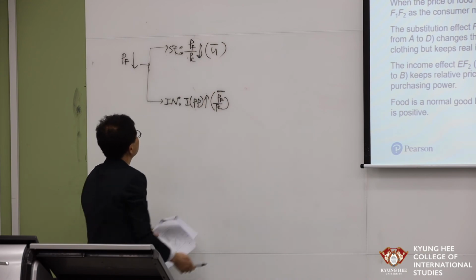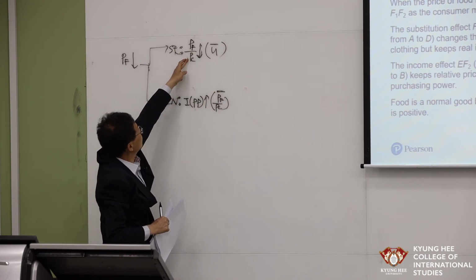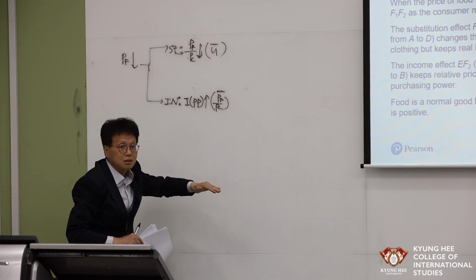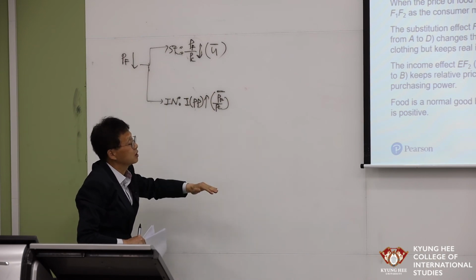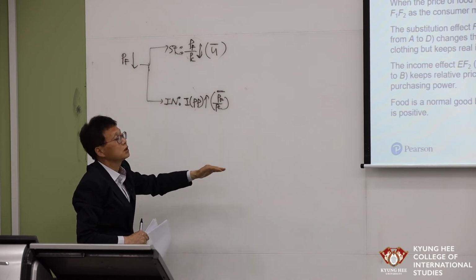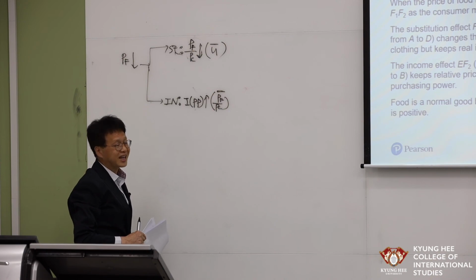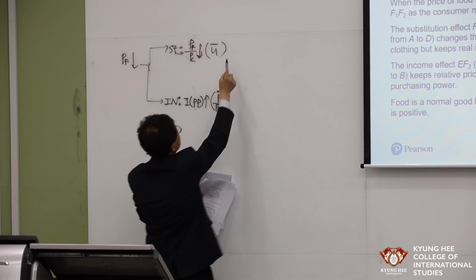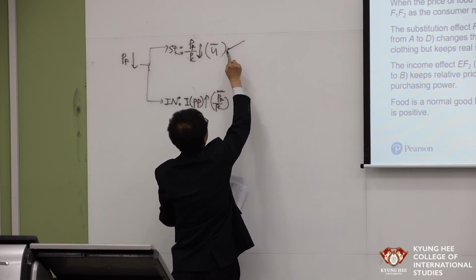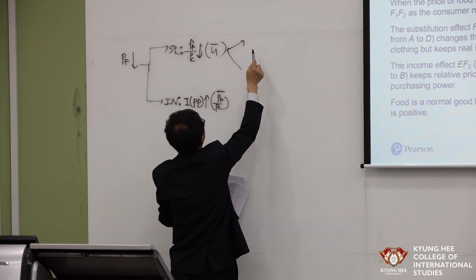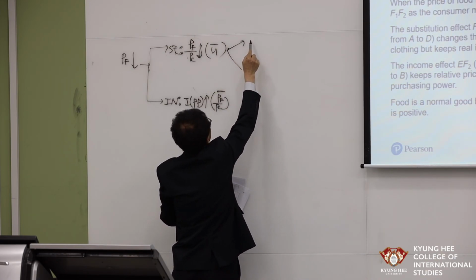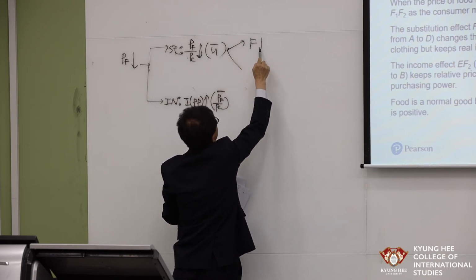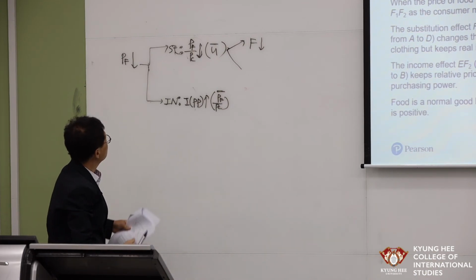Relative price, that is the relative price of food, decreases. Price of food decreases relatively. Then demand for food increases. Think about the negative relationship of price and consumption or demand, right? So this one has two effects.